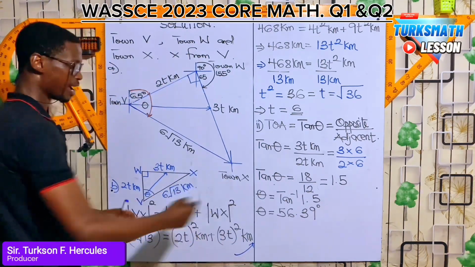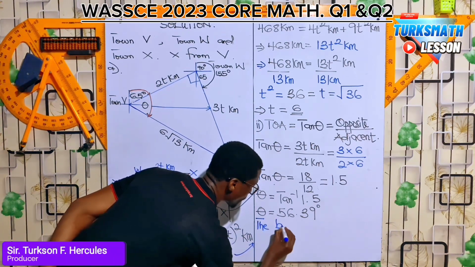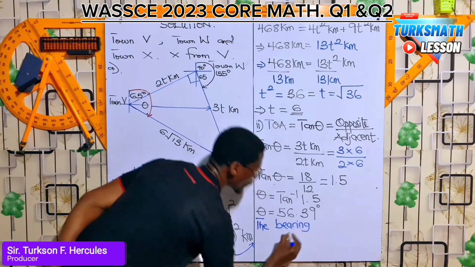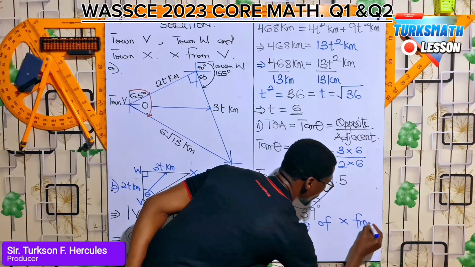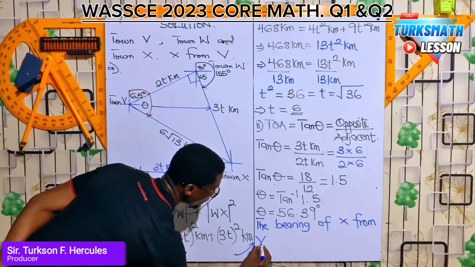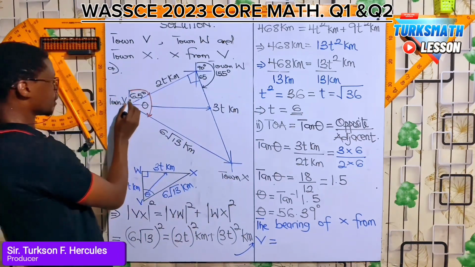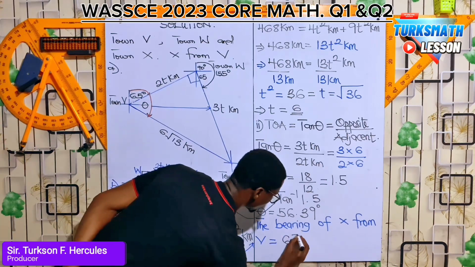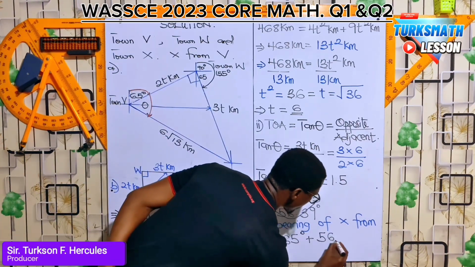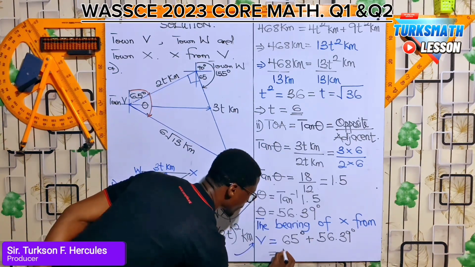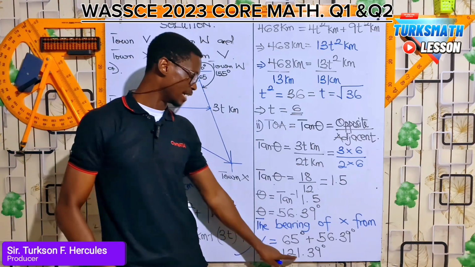So you can now say that the bearing of x from V is equal to, from here to here is 65 degrees, plus our theta, which is equal to 121.39 degrees.